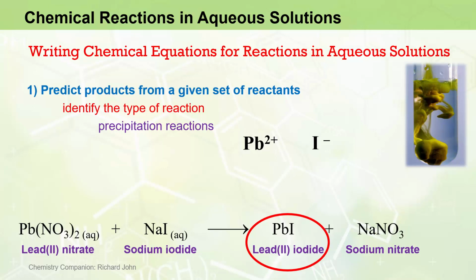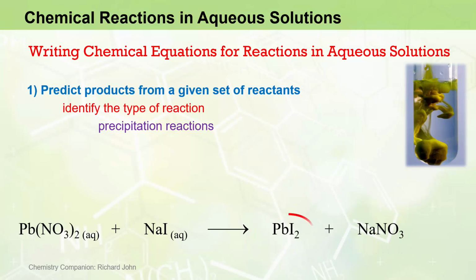Clearly, these two ions cannot come together in a 1-to-1 ratio when the charge of the overall compound needs to be 0. When we do our crisscross method here, we see that the 2 from the Pb2+ ion becomes the subscript for iodine, and the invisible 1 from the iodide ion becomes the subscript for lead, giving a chemical formula for lead-2 iodide as PbI2, which we can now correctly insert into the chemical equation.